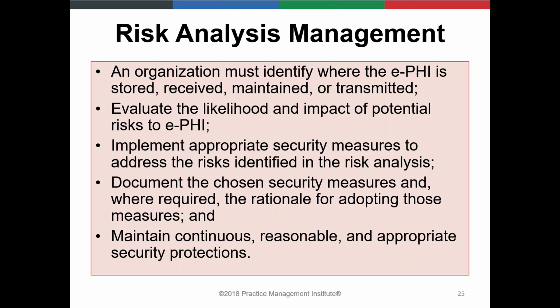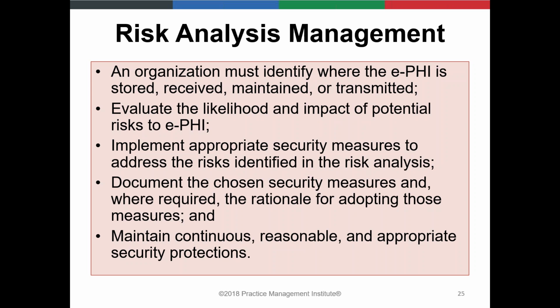Okay. Evaluate the likelihood and impact of potential risks to ePHI. So, for example, in your risk analysis, if you guys are texting each other back and forth about patients all day long and you're not using an encrypted system, that is a high likelihood of a risk of ePHI being captured or hacked. Okay. Implement appropriate security measures to address the risks identified in the risk analysis.